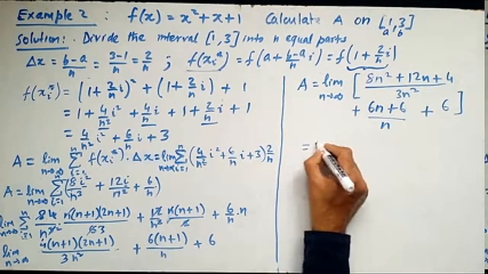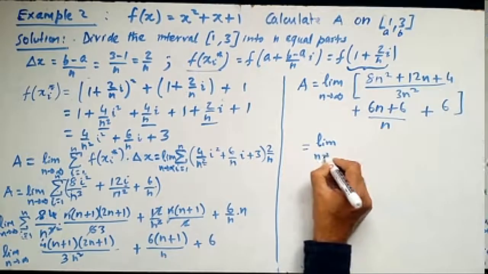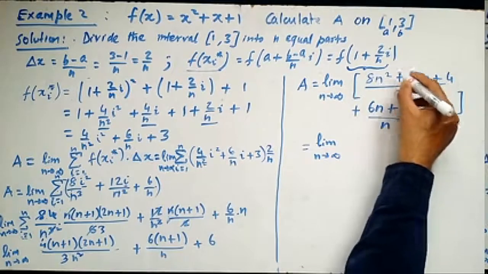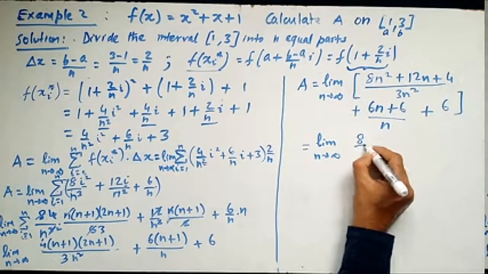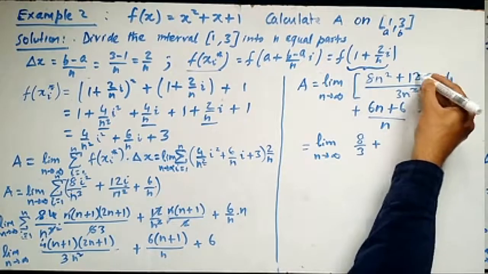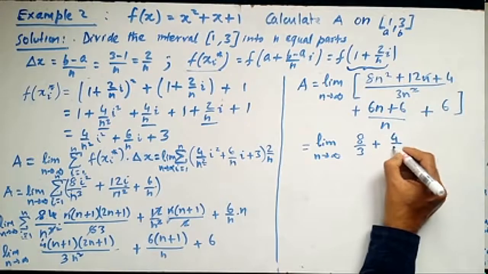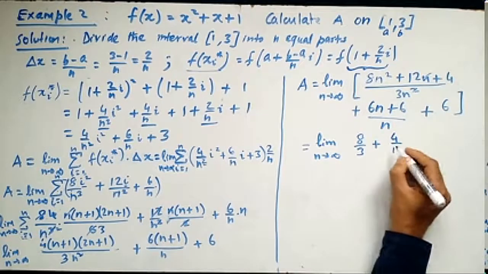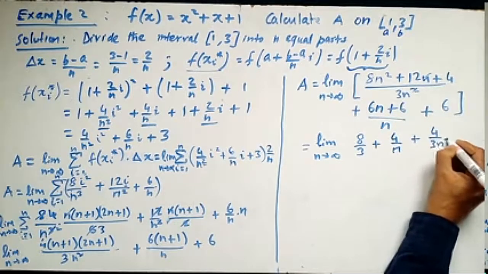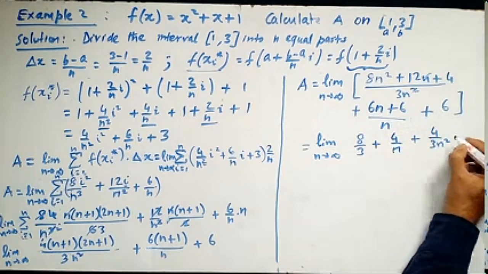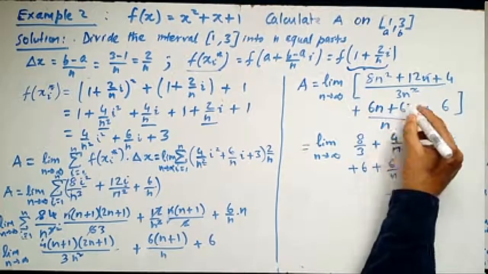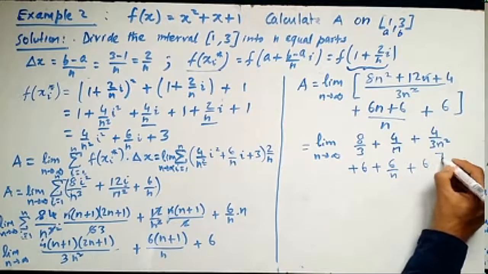Now let's simplify all the expressions. So this is 8 n squared by 3 n squared, that will be 8 by 3. 12 by 3, n by n, this n and this n cancel, 12 will cancel with 3, so we'll be left with 4 by n. And this will be 4 by 3 n squared. Now 6 n by n is 6, plus 6 by n, plus 6 by n, and the last is 6.